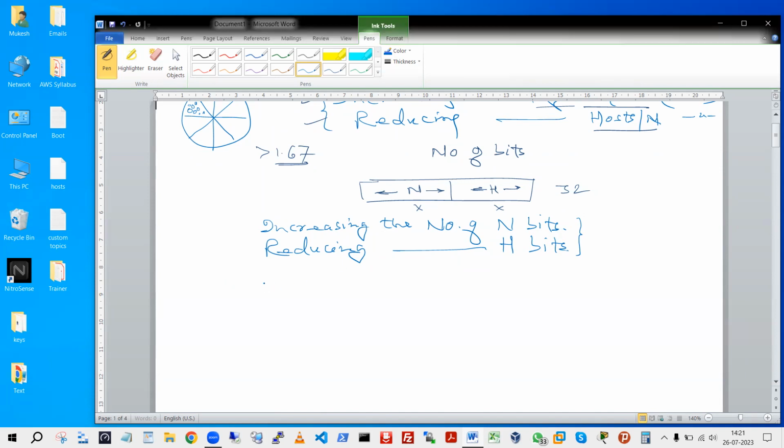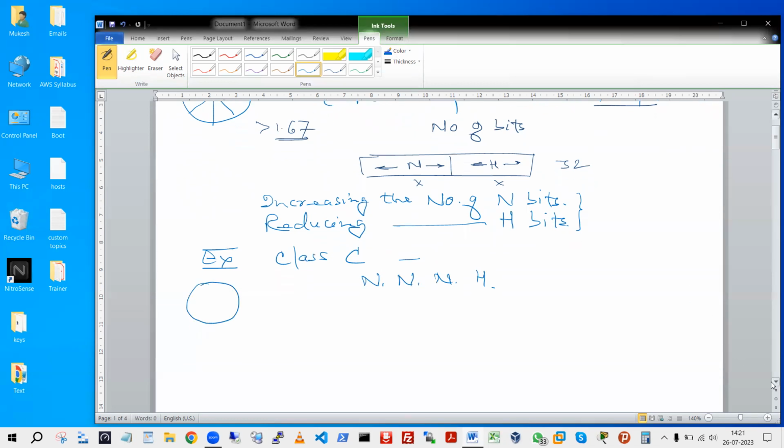इस बात को जरा एग्जाम्पल से समझने की कोशिश करते हैं, और हम अपने केस में क्लास सी का एक नेटवर्क लेकर बात करेंगे. क्लास सी. Now class C network, the format is network host. ये आपका एक क्लास सी का नेटवर्क है, suppose, right? It is a small network.